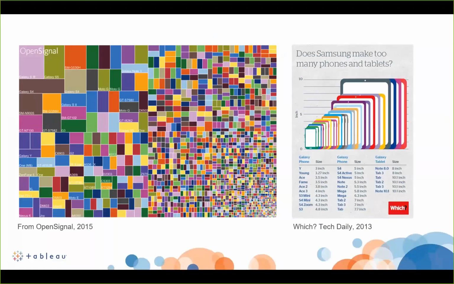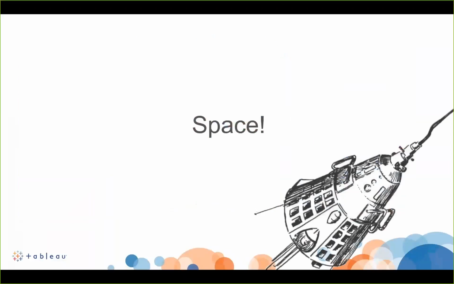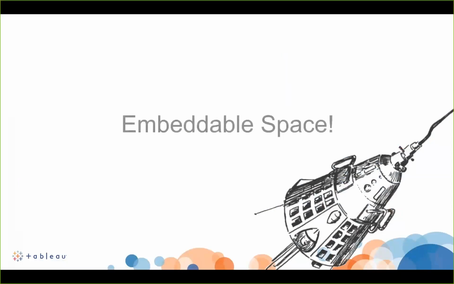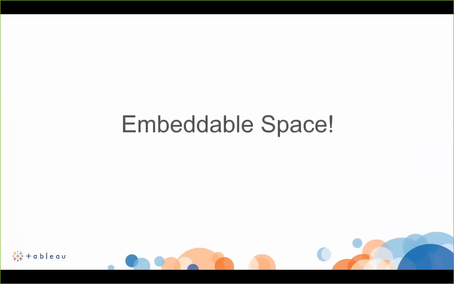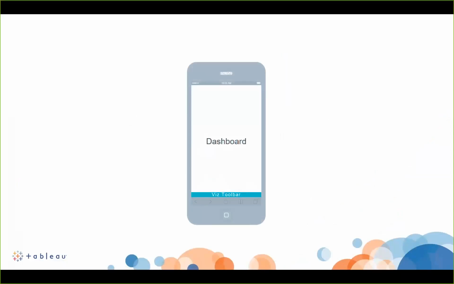So the key takeaway here is that what you should be designing for is not a specific device, but more importantly, the amount of space you have to work with. And that's what we refer to as embeddable space. And so if you were to look at a phone, there are really four things on there. And again, that's going to be the case whether it's portrait or landscape, but you have your navigation at the bottom that is device specific.